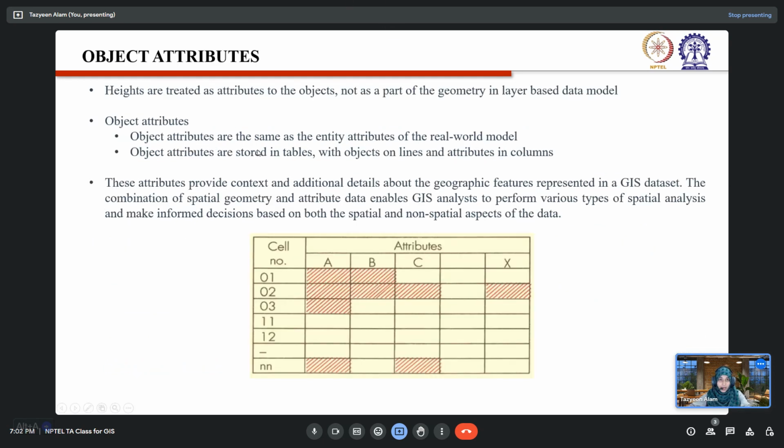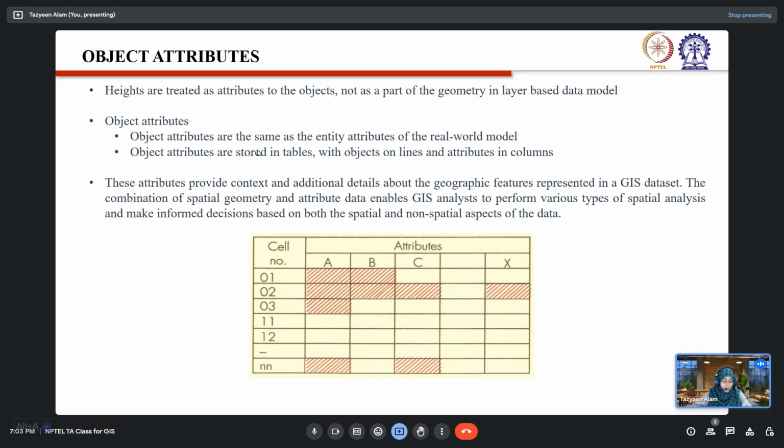Next, we come to the attributes. Whenever we are trying to define an object attribute, it is associated with several factors. Here, we are trying to understand that heights are treated as attributes. Like I told you, whenever you are defining your vector models based on your points, lines, and grids, they are 0, 1, and 2 dimensional object identifiers, but whenever you go to the third dimension, it doesn't have a separate entity, right?